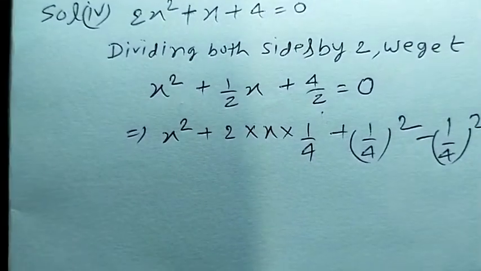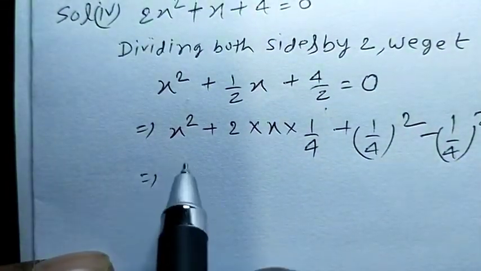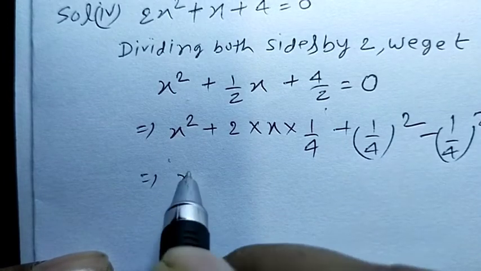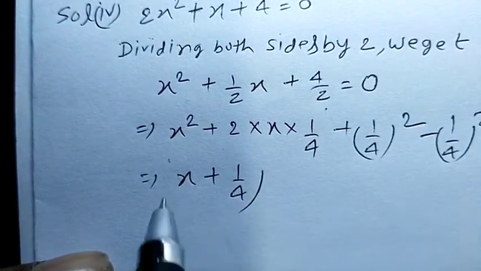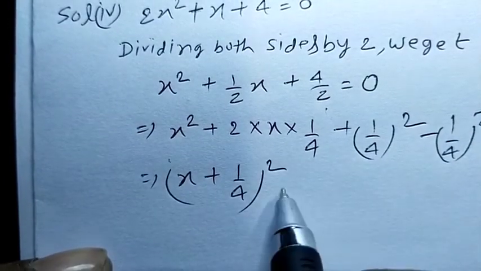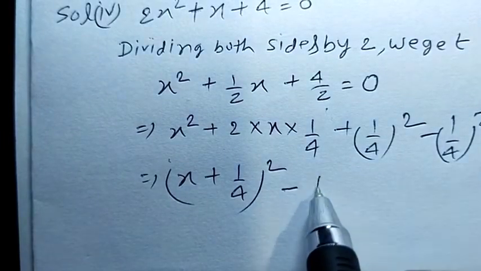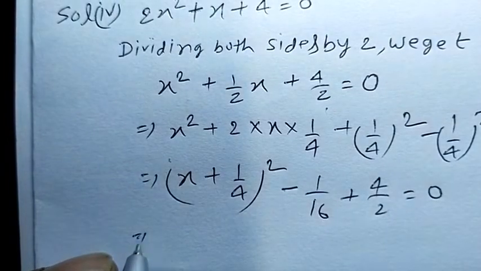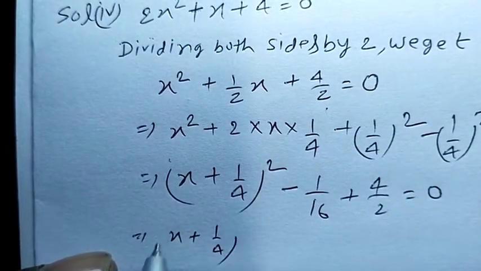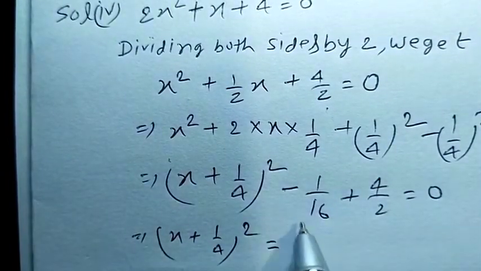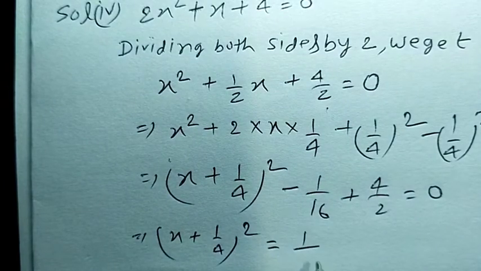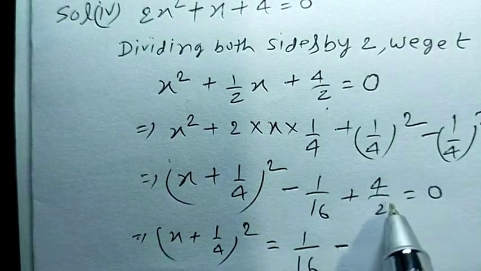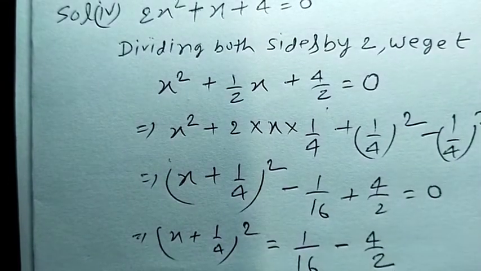Now you get a formula, a square plus 2ab plus b square is equal to a plus b the whole square, minus 1 by 4 squared, that is 1 by 16, plus 4 by 2 equal to 0. Implies x plus 1 by 4 the whole square is equal to, minus 1 by 16 goes to the other side, and plus 4 by 2 goes to the other side as minus 4 by 2.